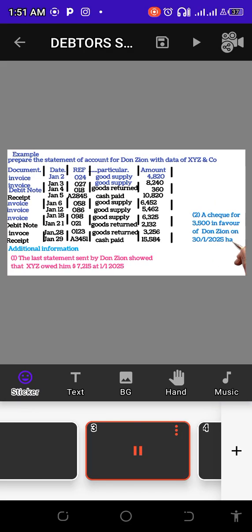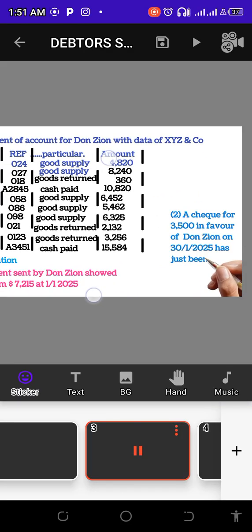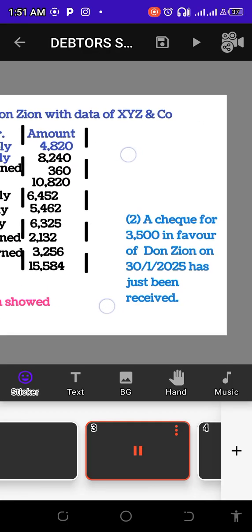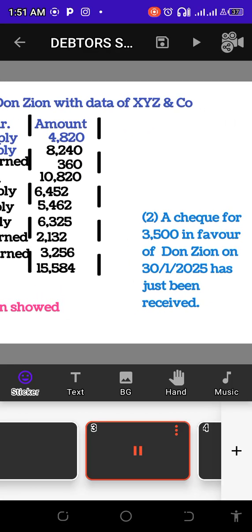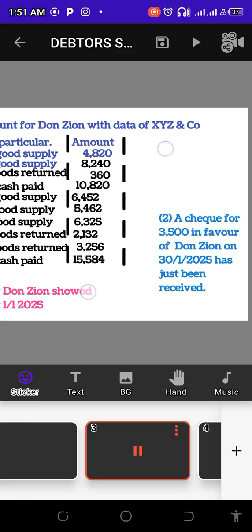And another information says a check for 3,500 in favor of Don Zion on 30th January 2025 has just been received. Yes, this is the question.